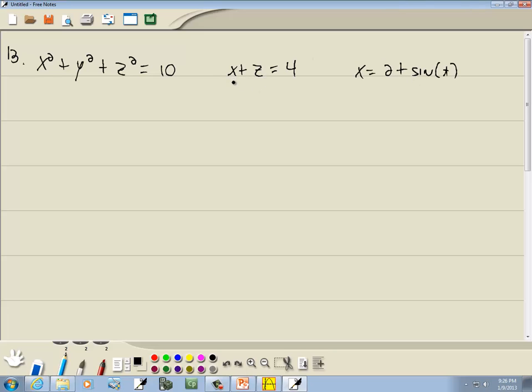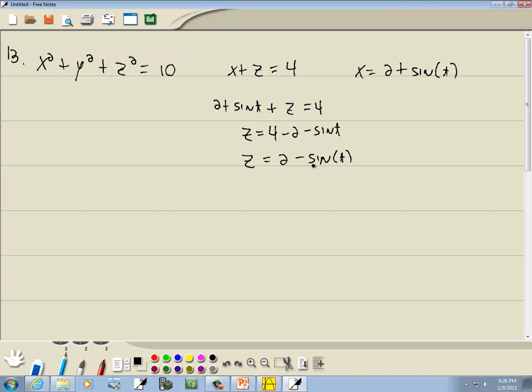So we have 2 plus sine t plus z is equal to 4. Now I'm going to solve for z, so I take the 2 plus sine t to the right side. So we get 4 minus 2 minus sine t. 4 minus 2 is 2, so we've got 2 minus sine t.